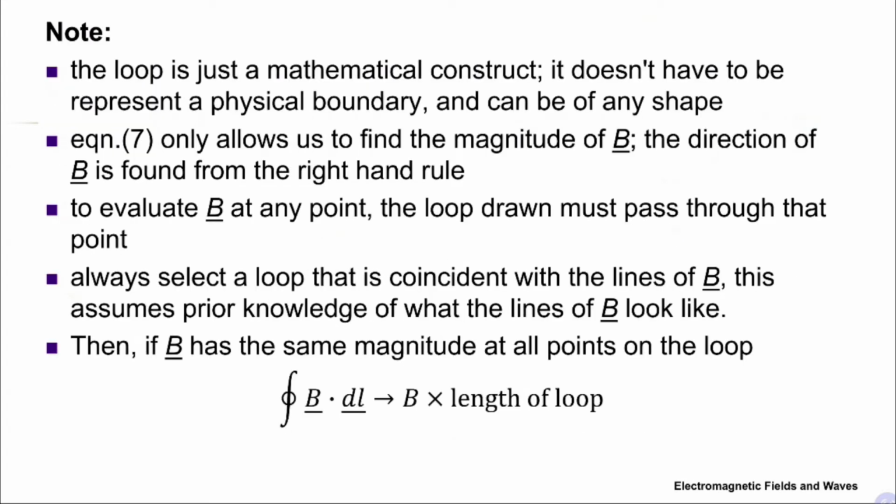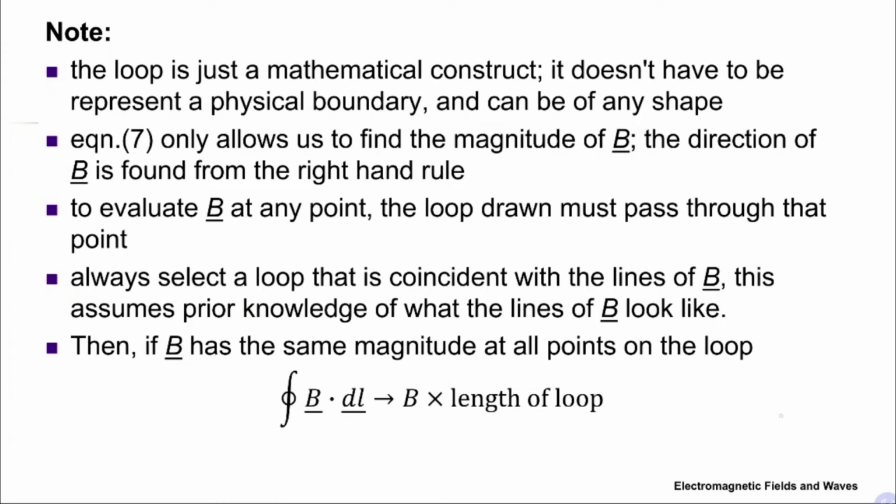The loop is just a mathematical construct, which means that there doesn't have to be a physical representation. You can draw anything around the current. Equation 7 only allows us to find the magnitude of the magnetic flux density, and the direction has to be found using the right hand rule. To evaluate the magnetic flux at any point, the loop drawn must pass through that point.